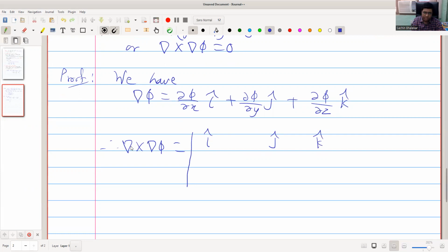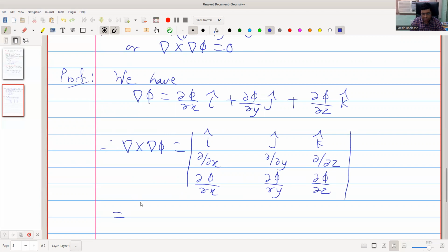Second row is the components of del, these are partial derivatives with respect to x, y, and z. And then the components of the vector del phi, partial phi with respect to x, with respect to y, and with respect to z.